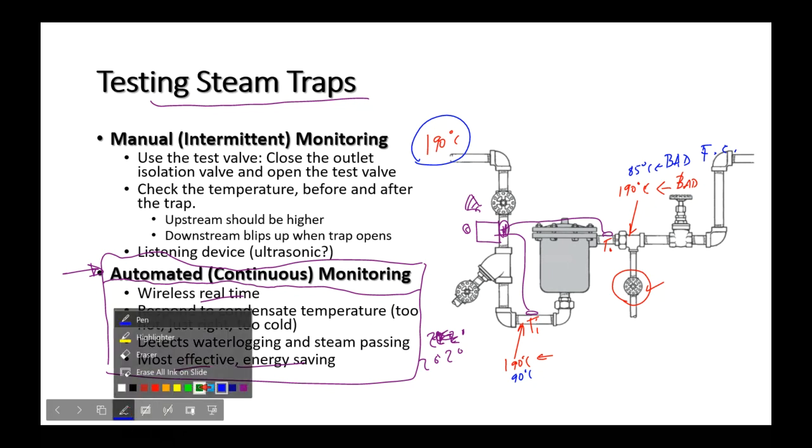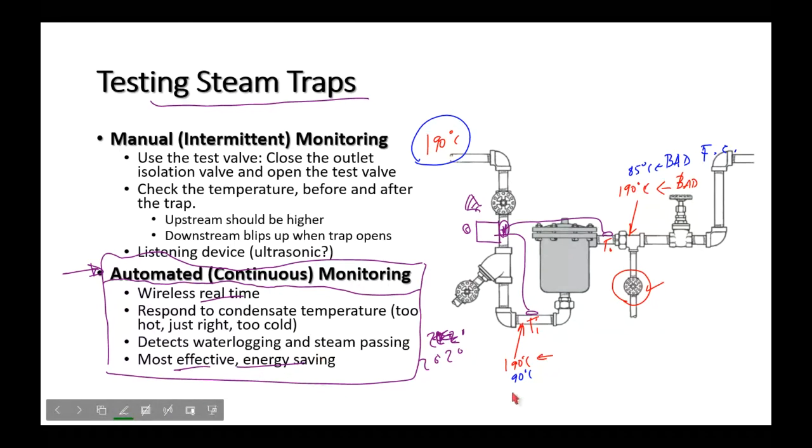And then, the best case scenario would be, let's say at the inlet of the trap, we've got, say, 185 degrees Celsius. And at the discharge of the trap, maybe we've got 170 degrees Celsius. And that's good.